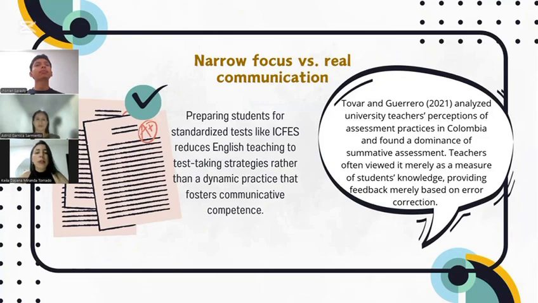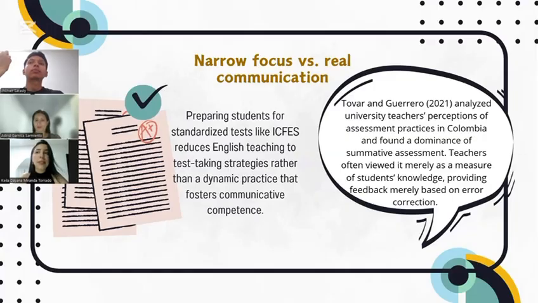For example, Tovar and Guerrero analyzed some perceptions of university teachers, and they found that there is a dominance of summative assessment and that these teachers provided feedback based on error correction.